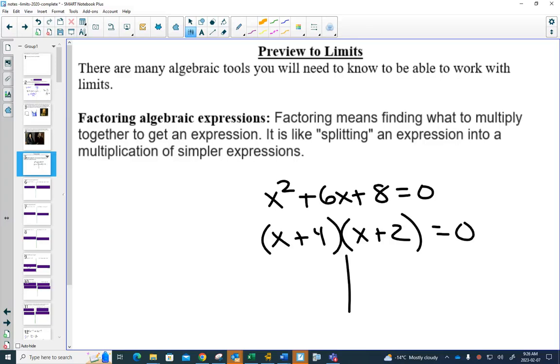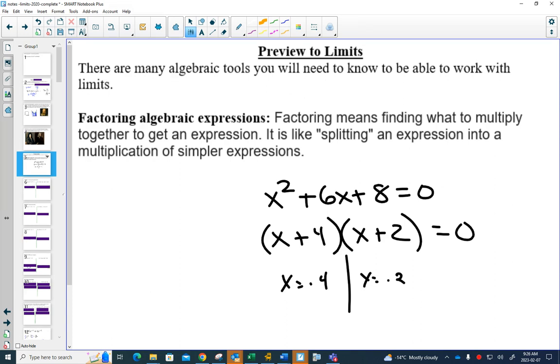There's no way to multiply two numbers and get 0 unless one of them is 0. Try it with any of them. 2 times 3, no, that's not 0. 5 times 2, no. Unless you make a mistake, multiplying to get 0, one of them has to be 0. So this is the powerful thing. If this one's 0, then x is -4. If this one's 0, then x is -2. That's the whole reason that factoring was so powerful for quadratics.